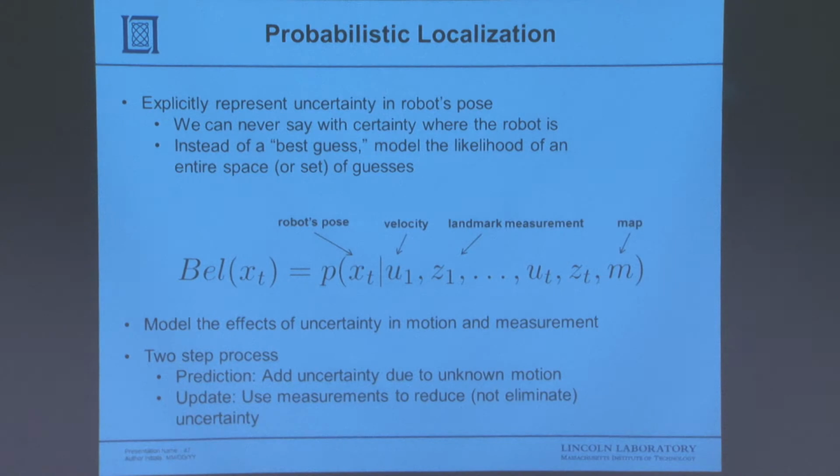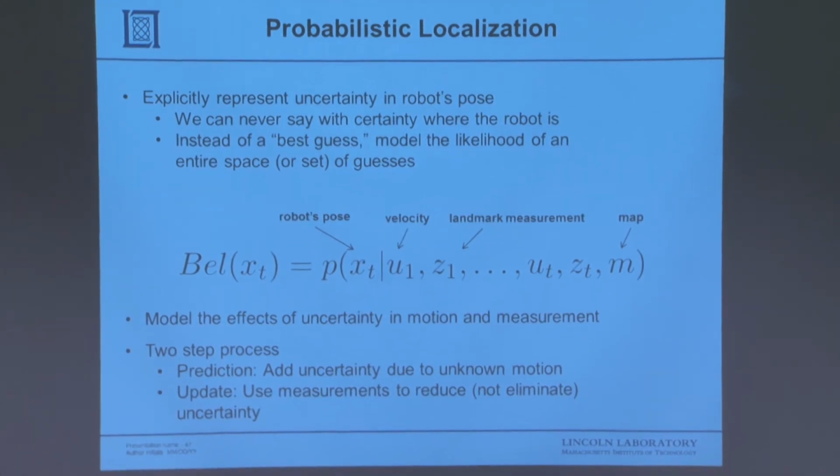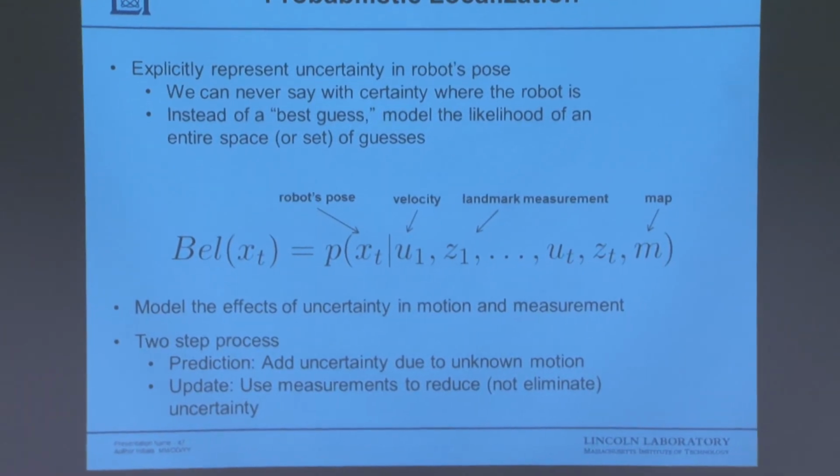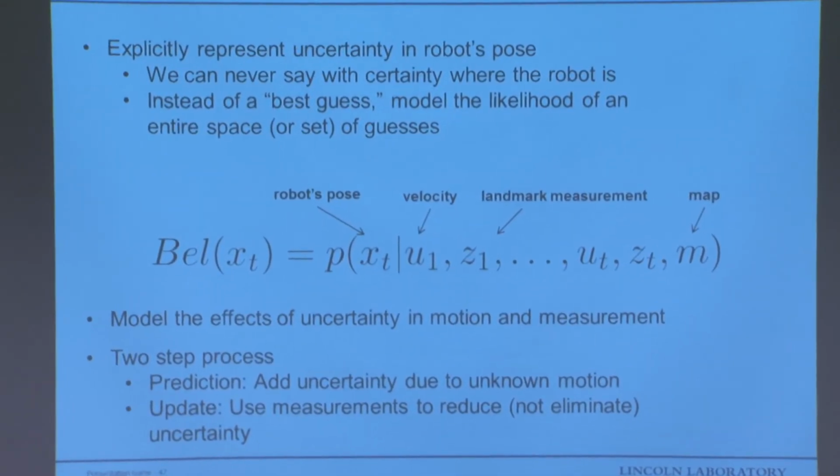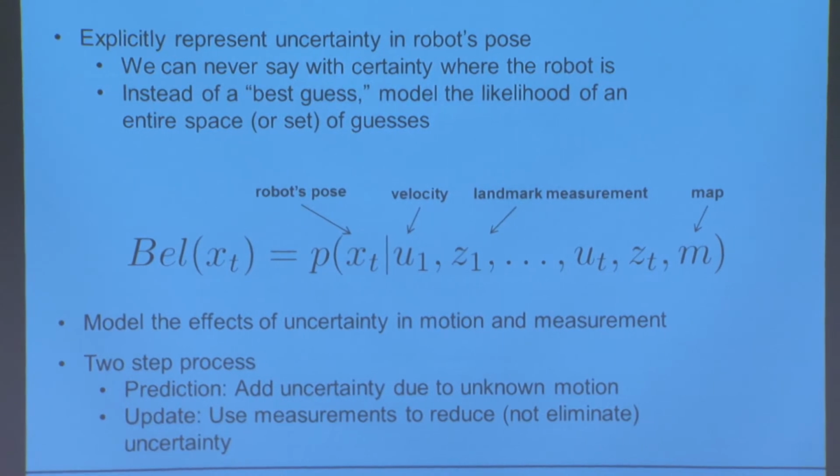So we can't say where the robot is exactly, but we can improve things if instead of saying where the robot is exactly, we can say where we believe the robot is within our state space with some degree of confidence. So we maintain what is called a belief function.